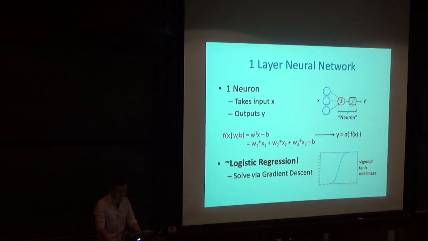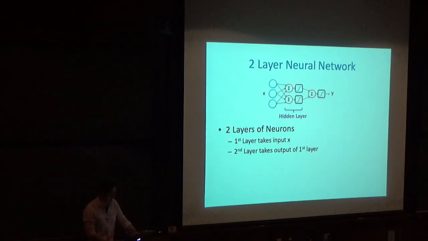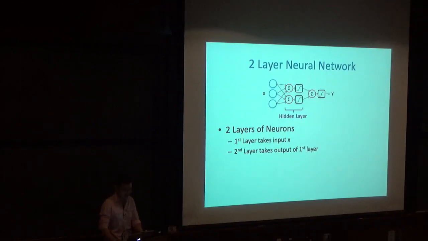Okay. Now let's talk about two-layer neural networks. So here we have two layers of neural networks. In the first layer, we have two neurons. Each one is a separate linear scoring function plus a transfer. Let's say it's a sigmoid transfer function.